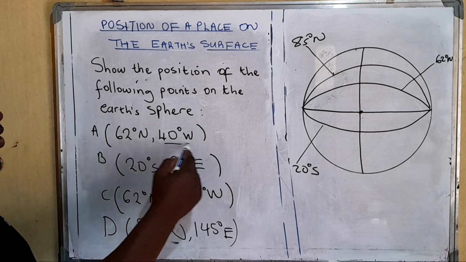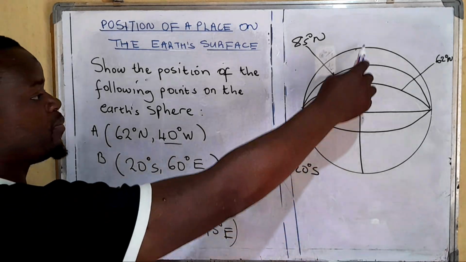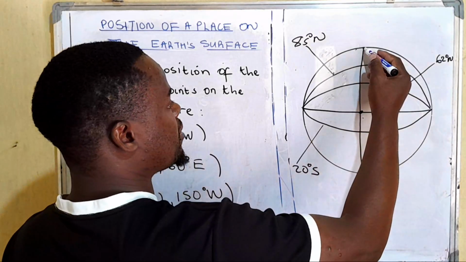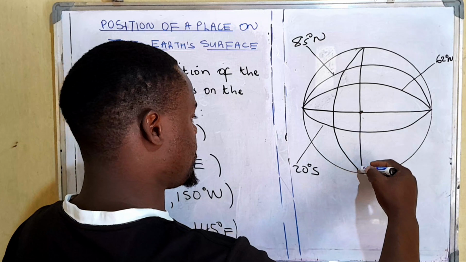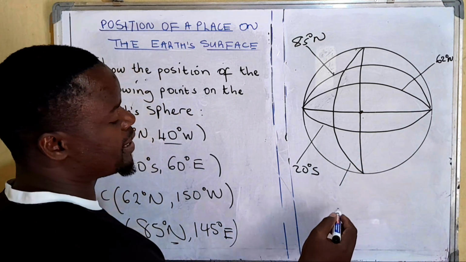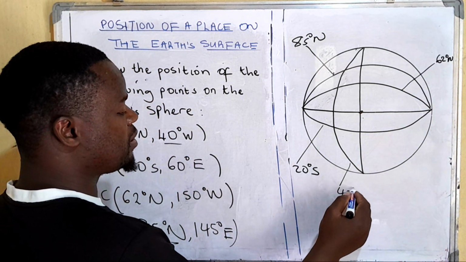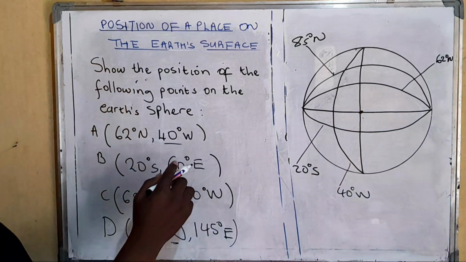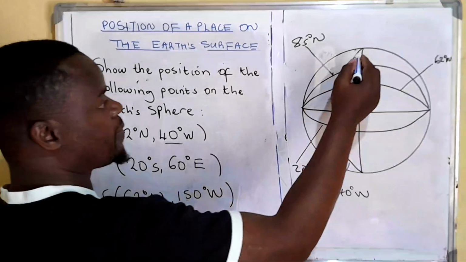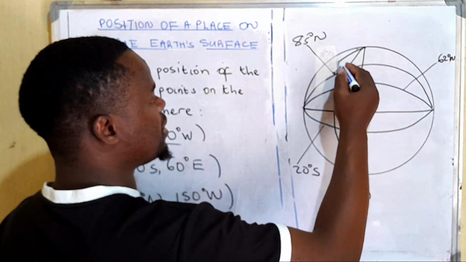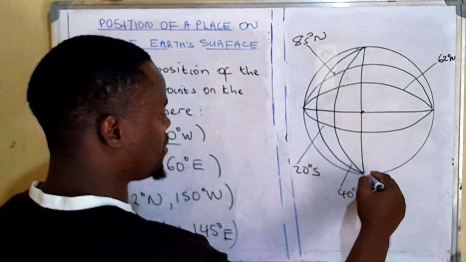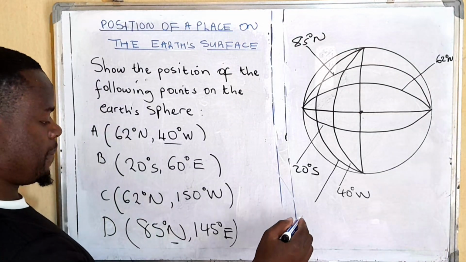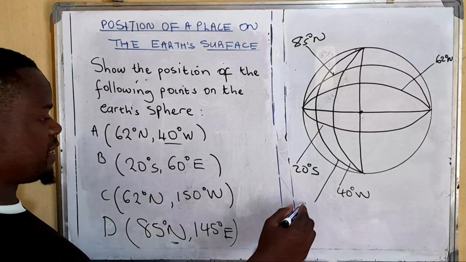So we'll start with this one because it's the one which is closer to the prime meridian, which is 40 degrees west. So I'm going to draw it here. And I'll make sure that I demarcate this one. That is 40 degrees west. Then there's another one that is 150 degrees west. So that one will be farther away from the prime meridian. Yeah, this one is 150 degrees west.